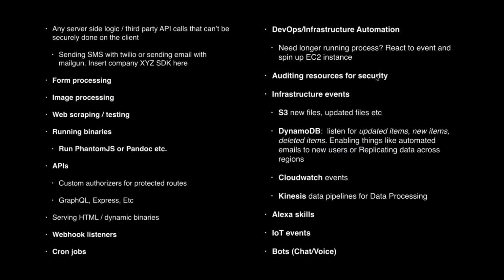Like I mentioned, auditing resources for security goes into the DevOps automation thing as well, where if you want to make sure that everything is kosher inside of your AWS account, you can set up those cron jobs to watch stuff or react to infrastructure events. Infrastructure events are interesting because AWS built everything for Amazon.com to drive their main business, and a lot of their infrastructure is event-driven.